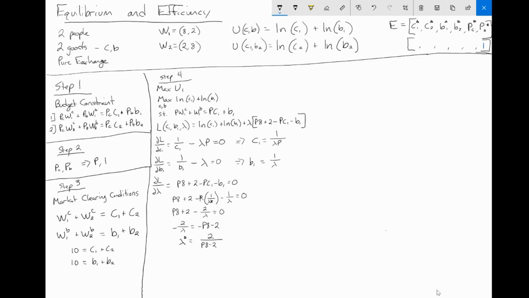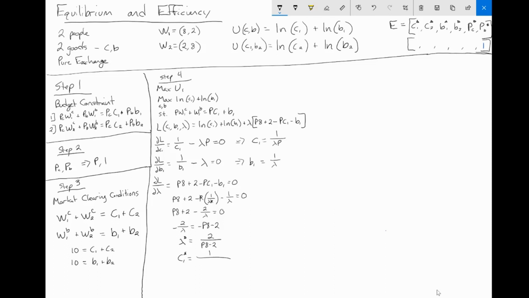It's a function only of the parameters, not of any variables. So this is lambda star. Okay, and now we can simplify this. We'll leave it unsimplified for now, but we could simplify it if we wanted. All right, we'll take this, plug this into C1 and B1 to get our final answer.